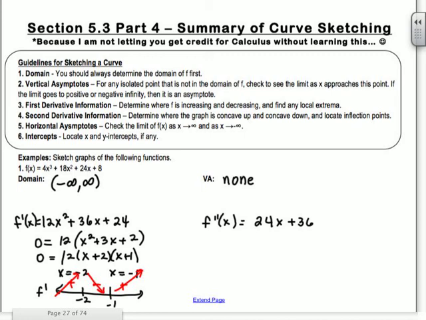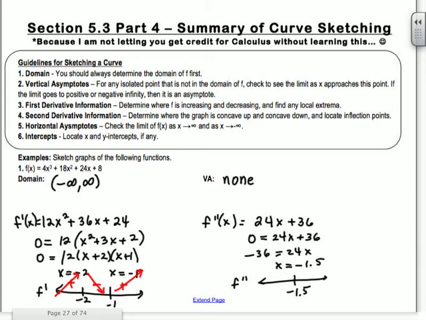Okay, f double prime. So I want to find when it's equal to 0. So you get negative 1.5. Okay, you're checking your numbers in your second derivative.